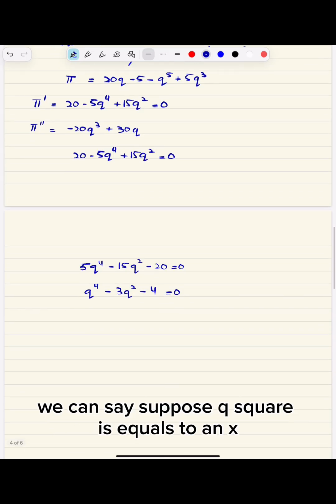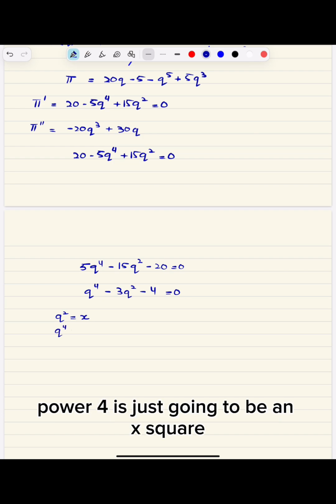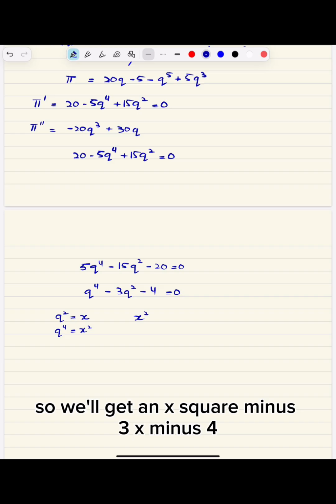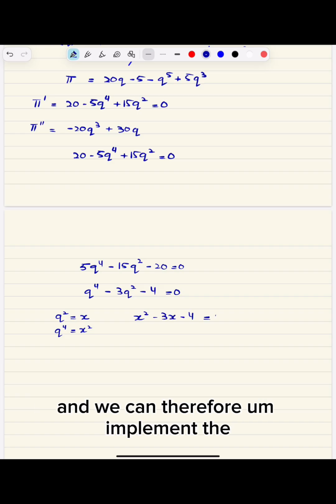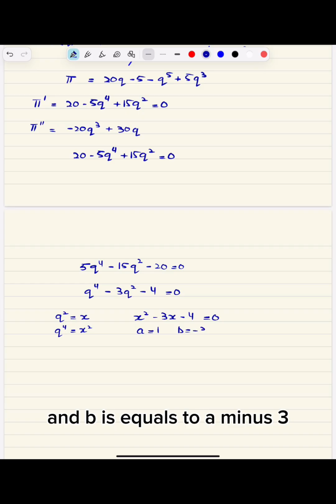Suppose q^2 = x, which would mean that q^4 is just going to be x^2. So we'll get x^2 - 3x - 4, and we can therefore implement the quadratic formula where a = 1, b = -3 and c = -4.